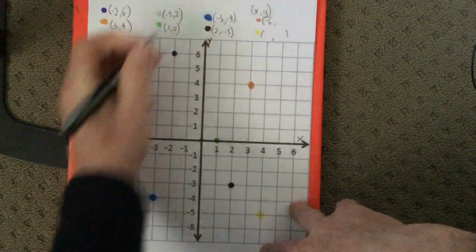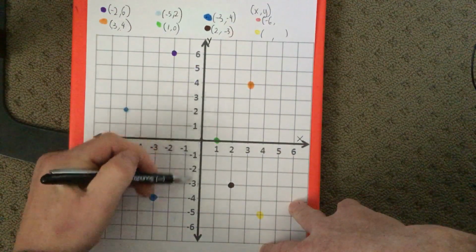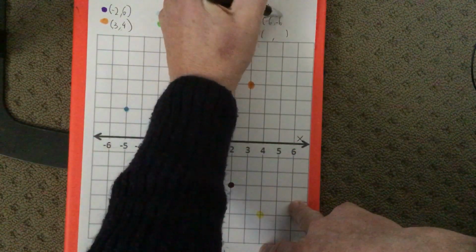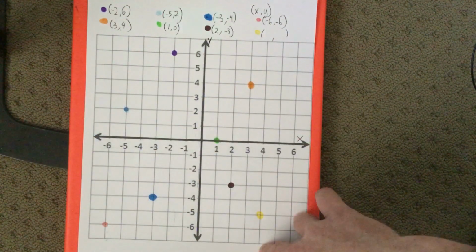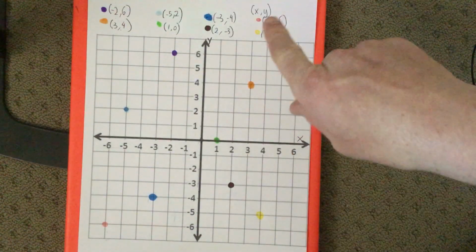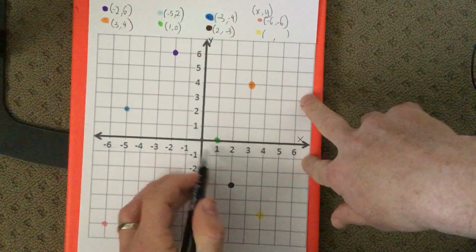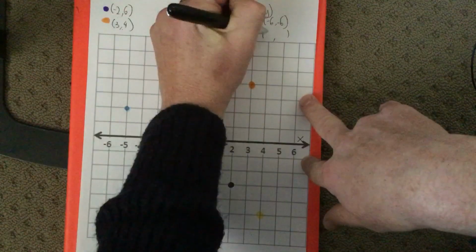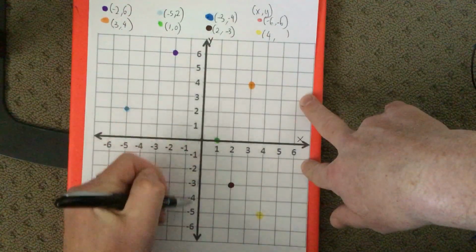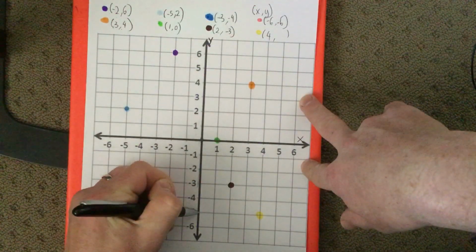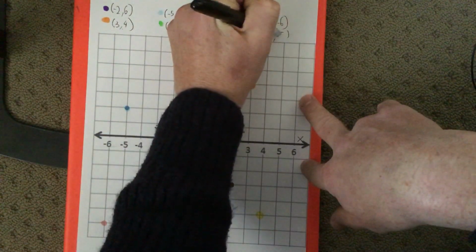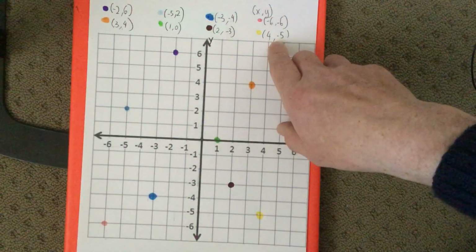Open that up, -6, then we're going to go down to -6. So the coordinates for the pink one are -6, -6. And let's do the last one, which is my yellow one, which we're going to go horizontally and find it at number 4. And then vertically, it's going to go down to -5. So the coordinates are 4, -5.